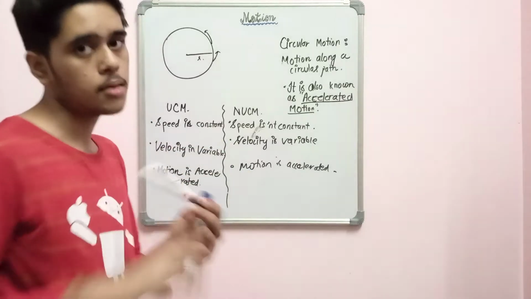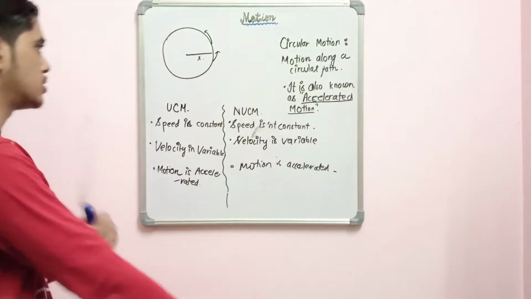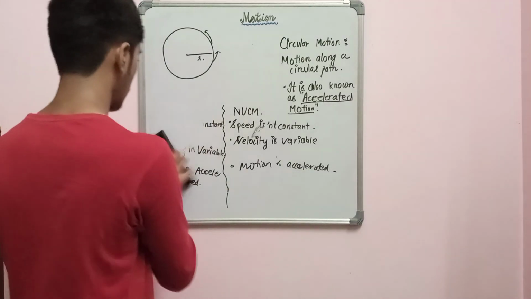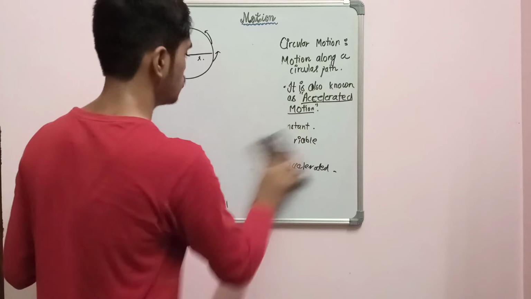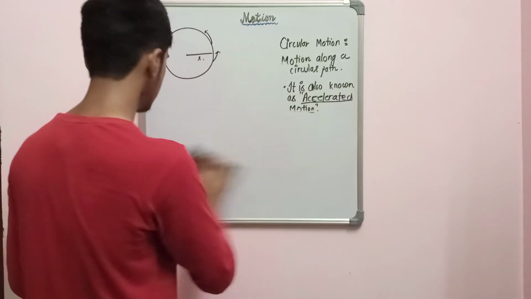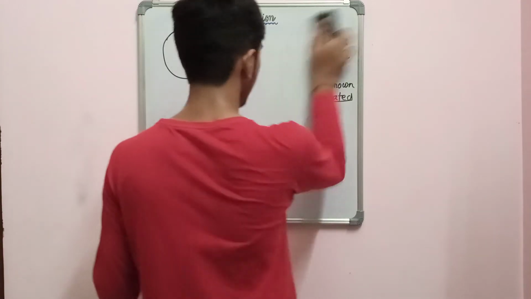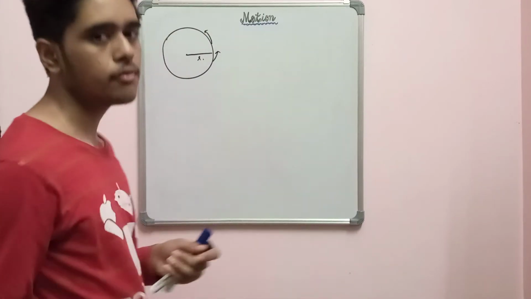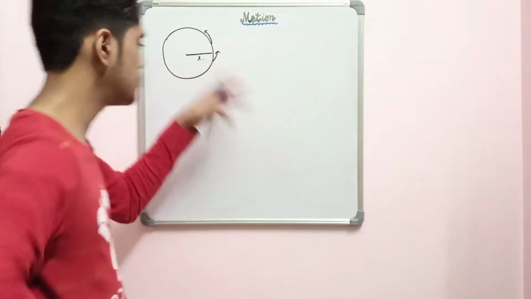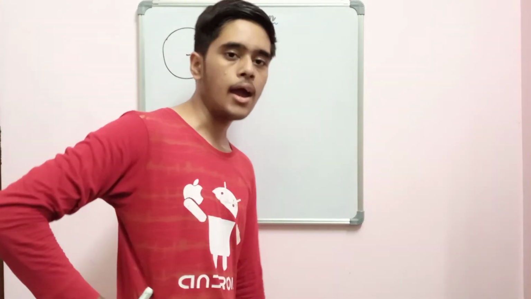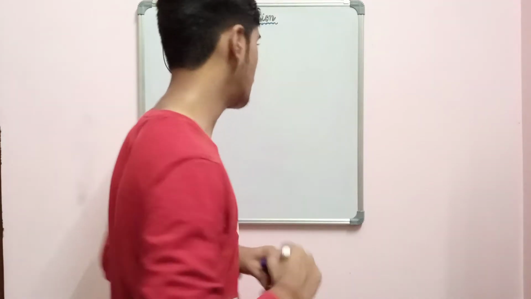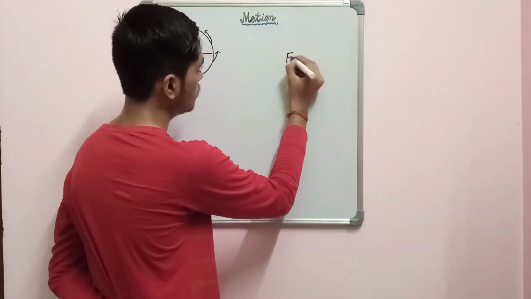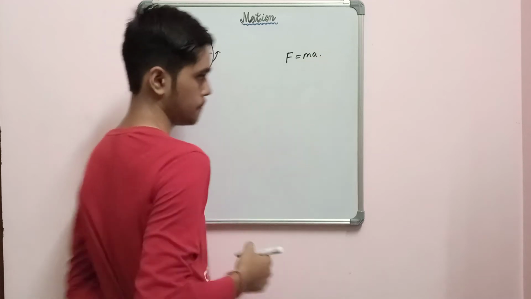Now there comes the main part of this topic. Whenever something moves in a circle, it has acceleration. We know this motion is accelerated, and if you have studied that force is equal to ma, am I right?